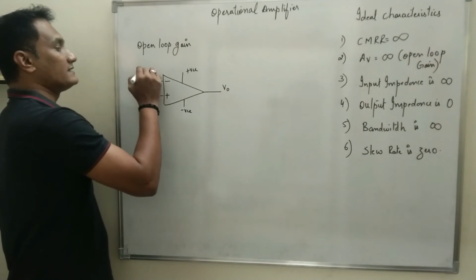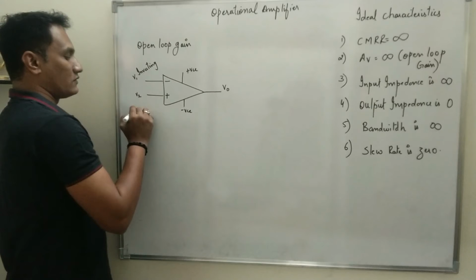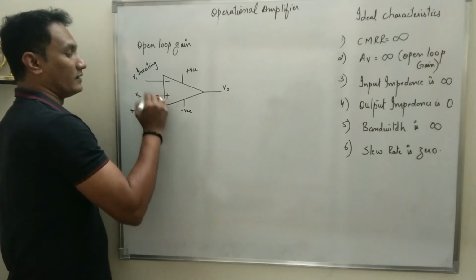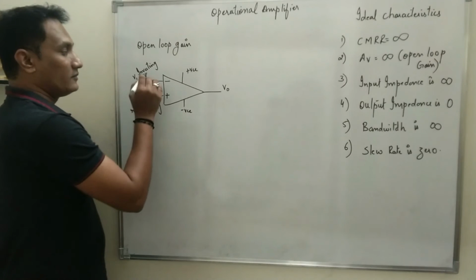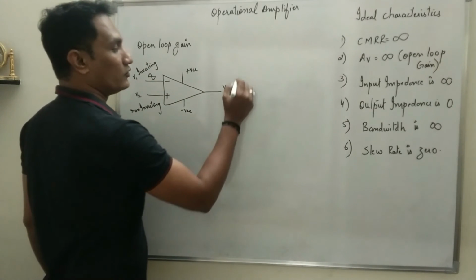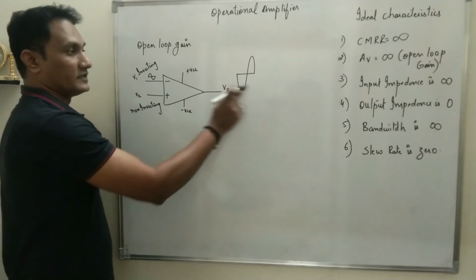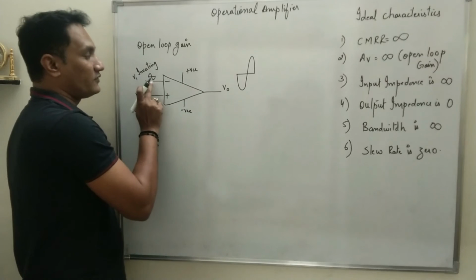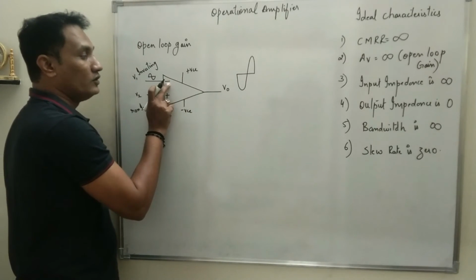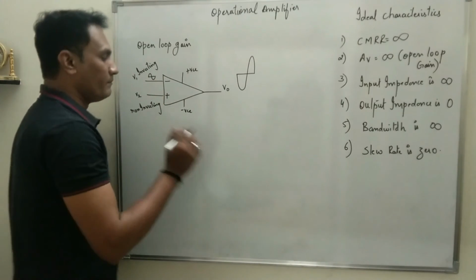V1 is called the inverting terminal and V2 is called the non-inverting terminal. Why did we say that? Because at the inverting terminal, there will be a phase shift of 180 degrees between input and output if the input is applied to the minus terminal, which represents the inverting terminal.